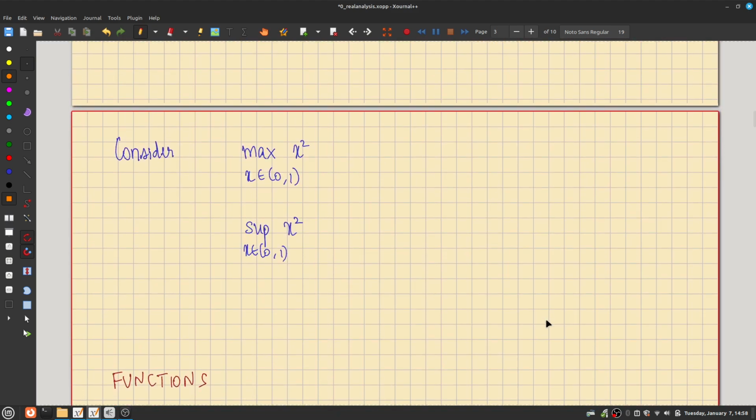Okay. Now, why does this matter? Supremum, infimum, maximum, minimum. In the end, we want to solve optimization problems, right? We want to know whether a solution to the optimization problem exists or not. And what does it mean to find the solution to an optimization problem? Suppose I have an optimization problem of the form maximum of some f of x subject to x satisfying certain constraints.